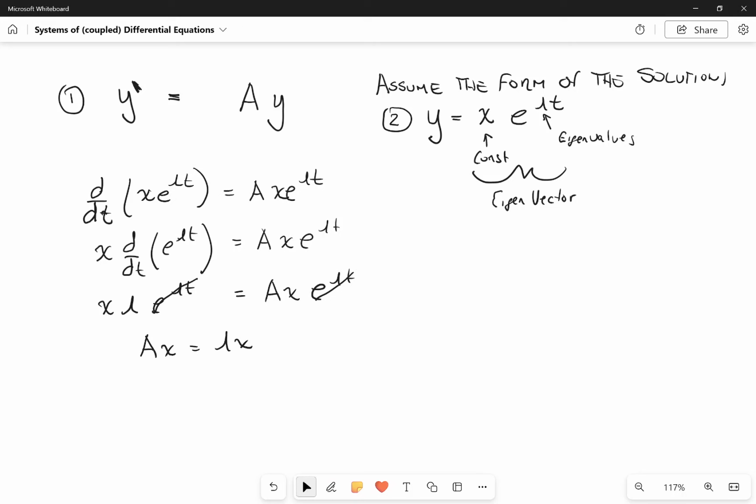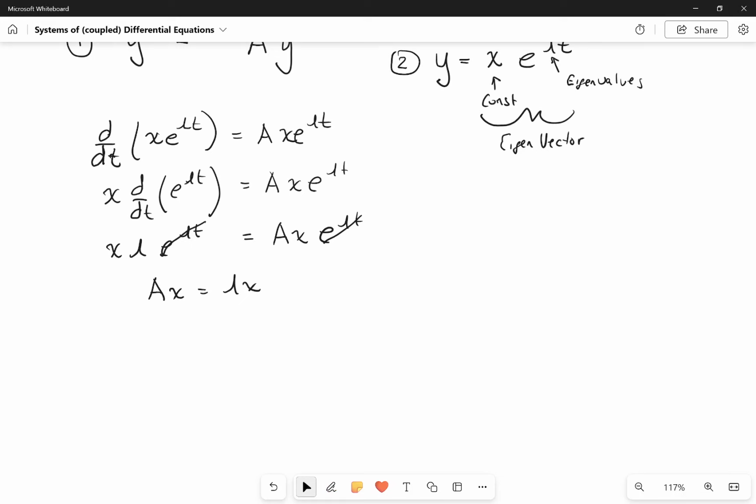Where have we seen this before? If you remember, this was the main equation for the eigenvalues and eigenvectors. So if we want to solve this, we take everything on the right hand side and bring it over to the left: A minus I lambda times x equals 0.